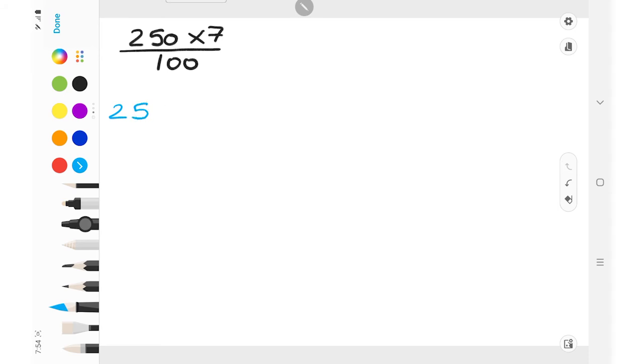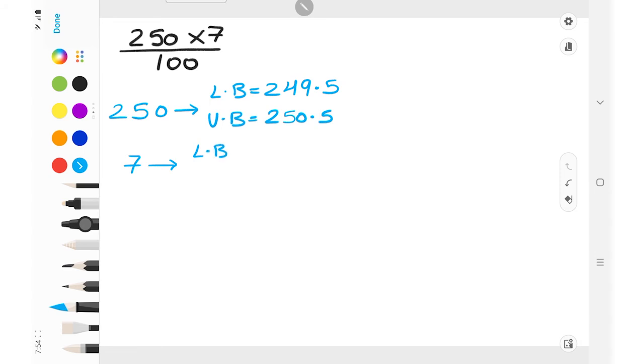For my 250, my lower bound is 249.5 and my upper bound is 250.5. For the 7, my lower bound is 6.5 and my upper bound is 7.5.